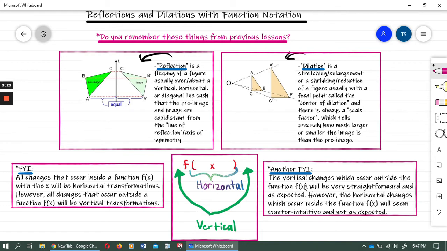And we said that those vertical changes are straightforward and as you would expect them to be, and the horizontal changes are counterintuitive and not really as expected. The horizontal changes are sort of the opposite of the way that you would expect them to be.